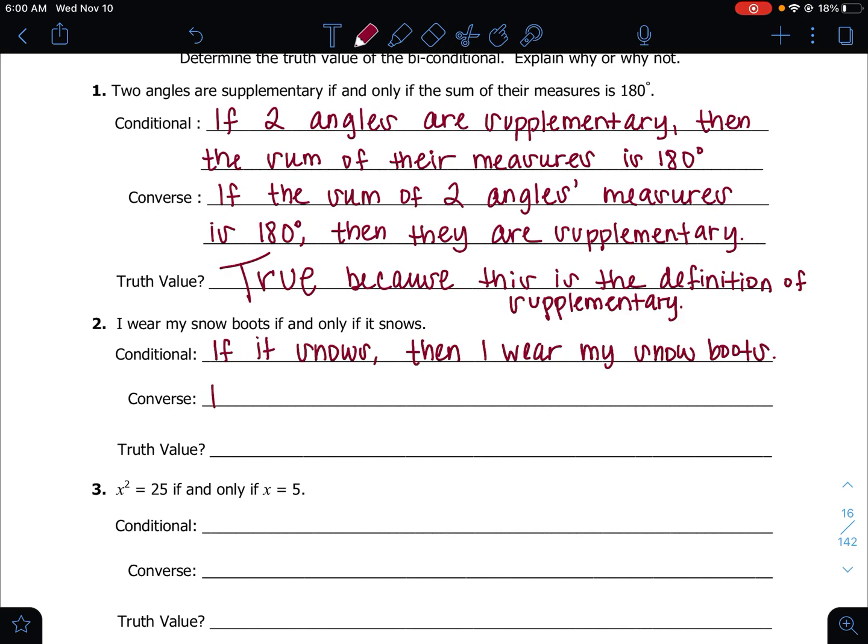Now the converse would be: if I wear my snow boots, then it snows. The conditional, if it snows, then I wear my snow boots, makes sense, but is it always true?